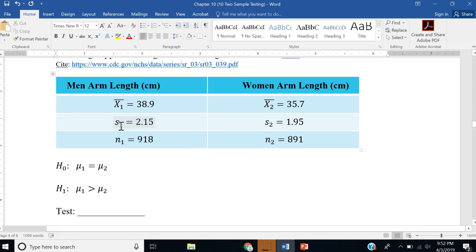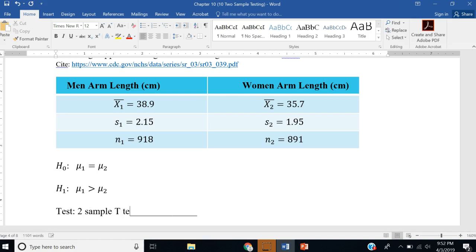Now, once again, we're given sample standard deviations. So we want to use a 2-sample t-test. And in the same way we did before, we're just going to go back into our menu, stats, tests. 2-sample t-test is number 4.